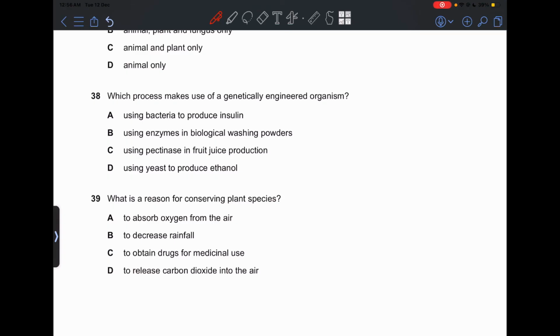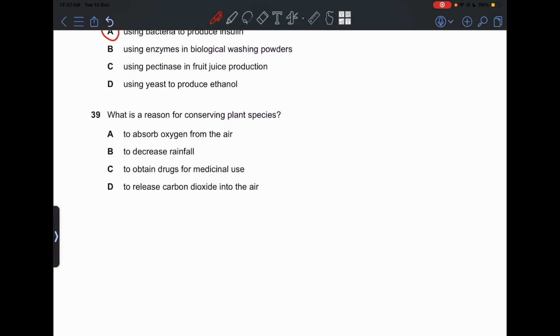Which process makes use of a genetically engineered organism? A says using bacteria to produce insulin. This is correct because we know insulin production involves the insertion of a plasmid, and this process is genetic engineering. So our answer is going to be A again.